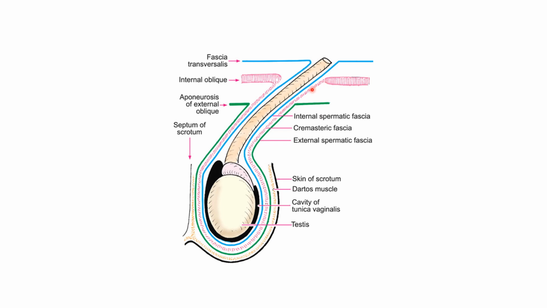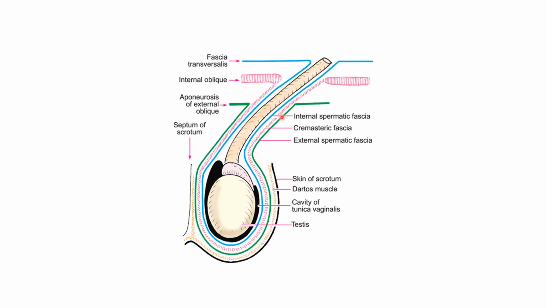And then the most outer layer of this spermatic cord, the one in the green, you can see is derived from the external oblique aponeurosis, and hence there was a gap in the external oblique aponeurosis known as the superficial inguinal ring. So this external spermatic fascia will be attached along the margins of the superficial inguinal ring.